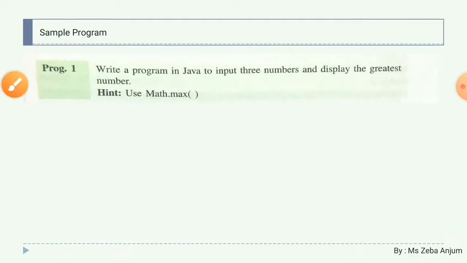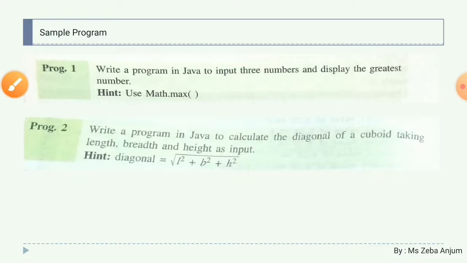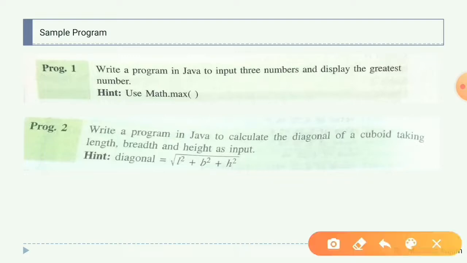Now moving forward with your second program, that is write a program in Java to calculate the diagonal of a cuboid taking length, breadth and height as an input. What you have to do? You have to take length, breadth and height. Only three inputs you have to take. Again over here also you can use any of the function to take the input, either scanner class or input stream reader, it depends on you.